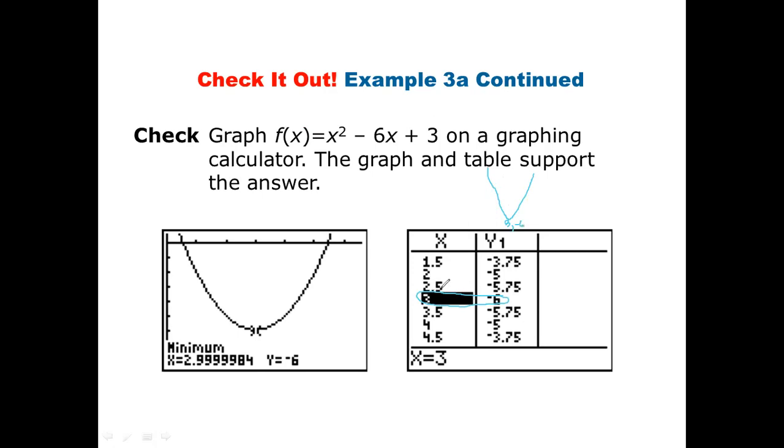If x is 2.5, then that will be -5.75. Or if x is 3.5, then you can have it here, and this will represent the parabola.